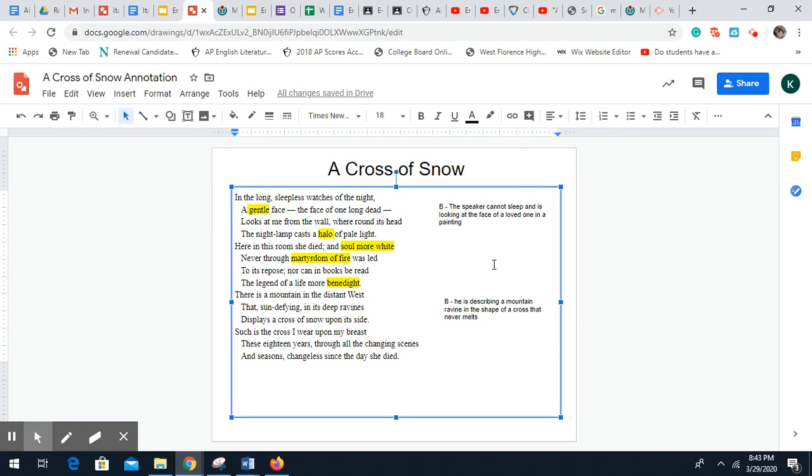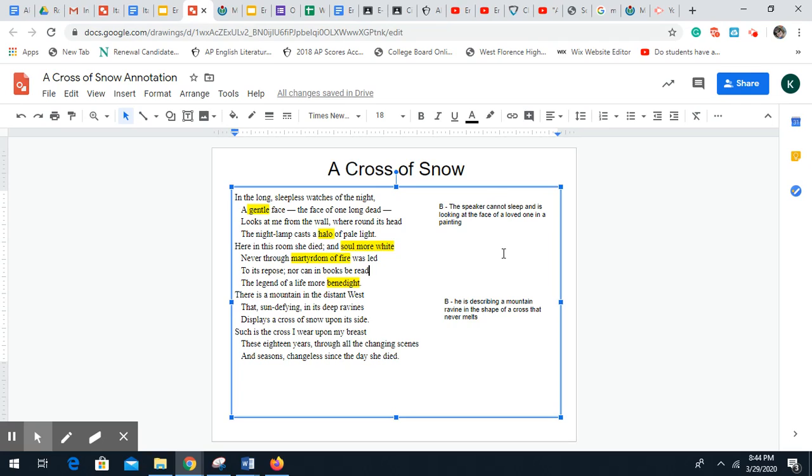Okay. So then once I look at the words I have highlighted, gentle, halo, soul more white, martyrdom of fire, benedict, meaning blessed, I would then ask my students, how is he feeling about this person that he's writing this poem about? What was she like to him?